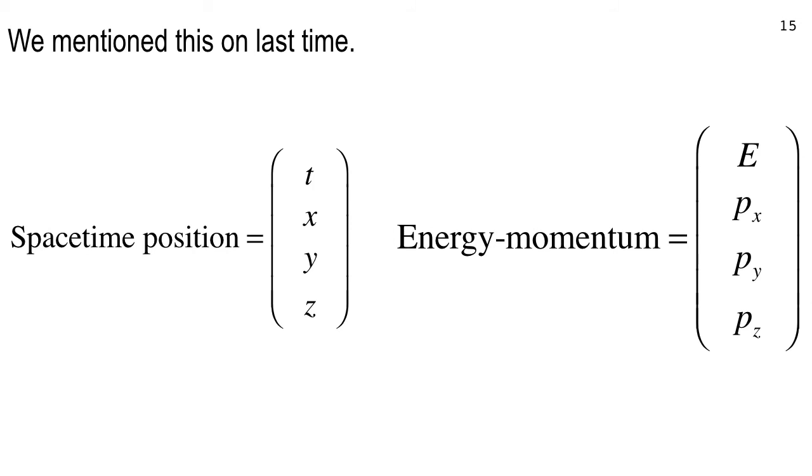F delta t equals delta p. The delta p's are all the second, third, and fourth slot in that column on the right. So we have to do our dynamics using that energy momentum vector.